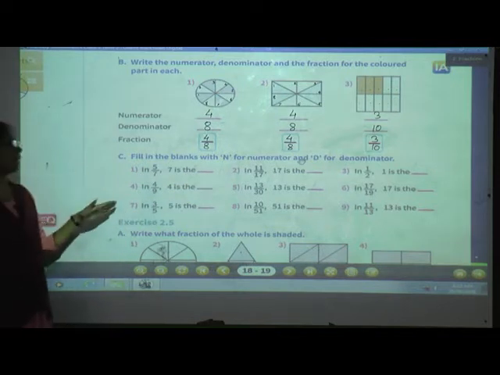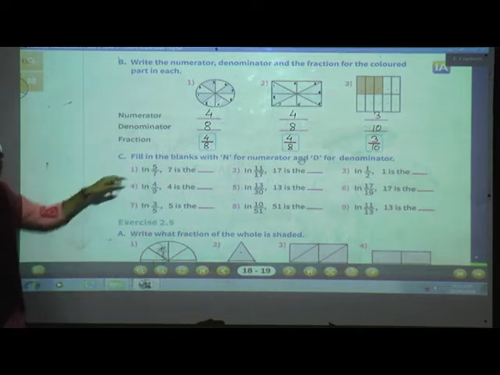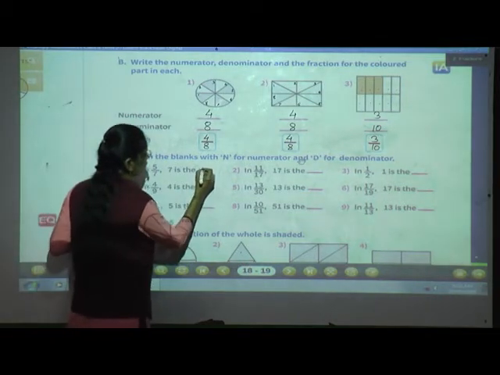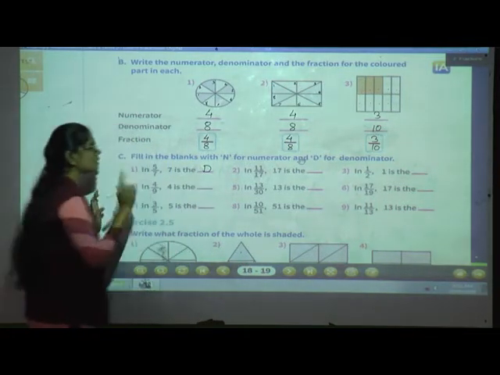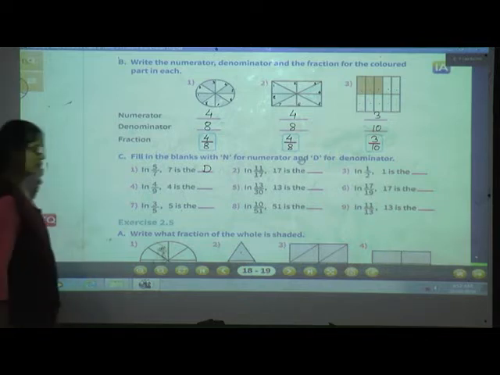Now we have to write whether 7 is the denominator or numerator. See the fraction carefully. Where is the 7? 7 is the denominator. So here you have to write only D. D stands for denominator. So you have to write capital D.